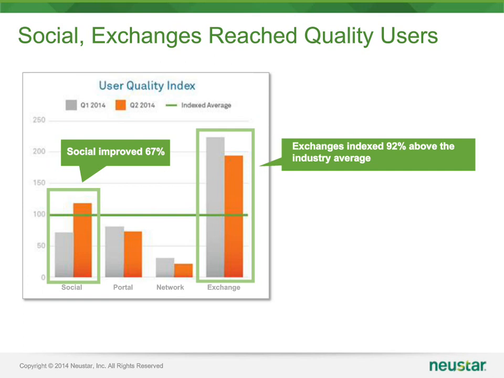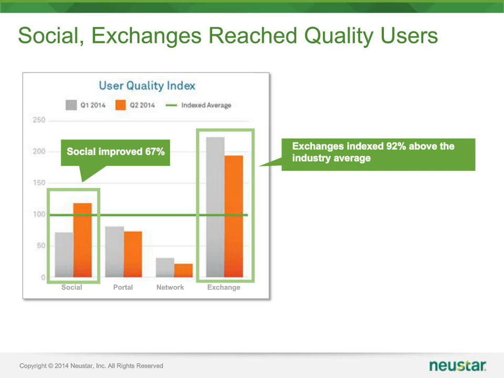But the exchanges, while they decreased a little bit, I think it is still important to call out that this is a continued trend that we see from Q1. And this probably means a continued emergence of private exchanges.